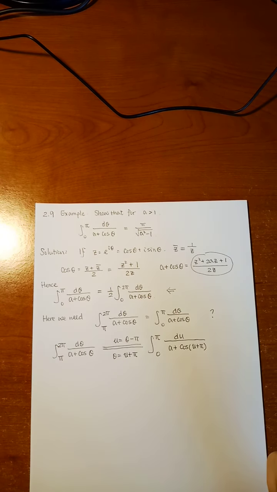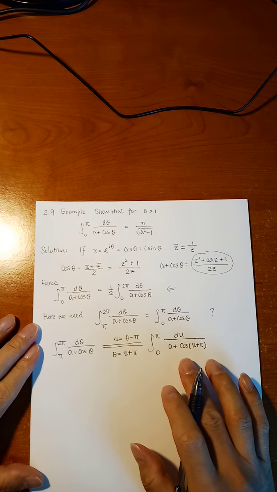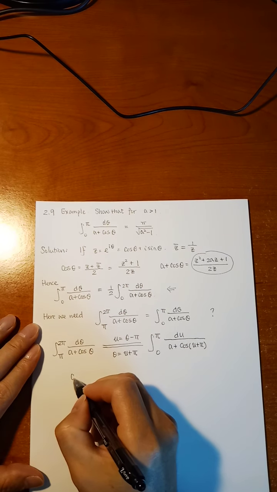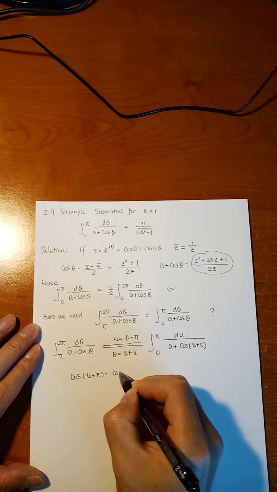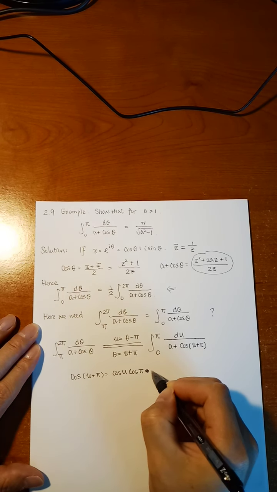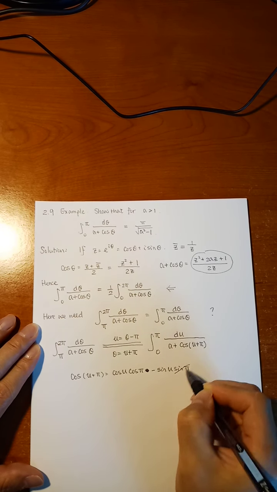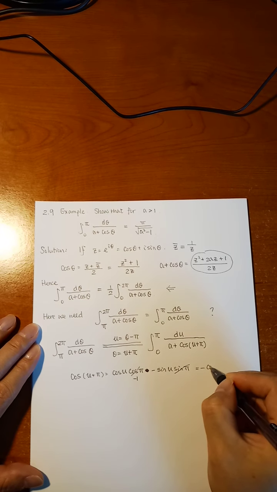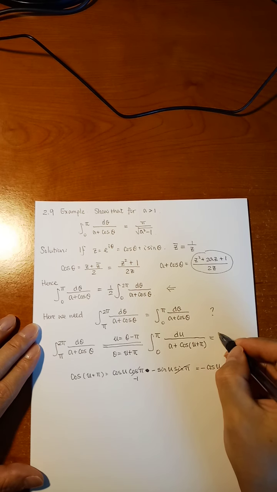If we have this formula, we know that cosine of u plus pi is cosine u cosine pi minus sine u sine pi. Sine pi is 0. Cosine pi is -1. So this is negative cosine of u.